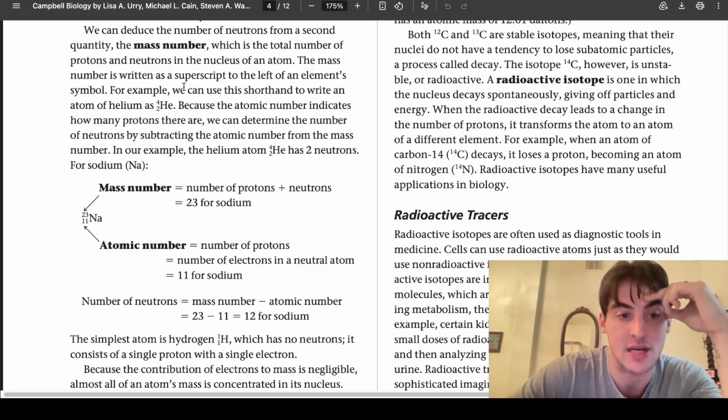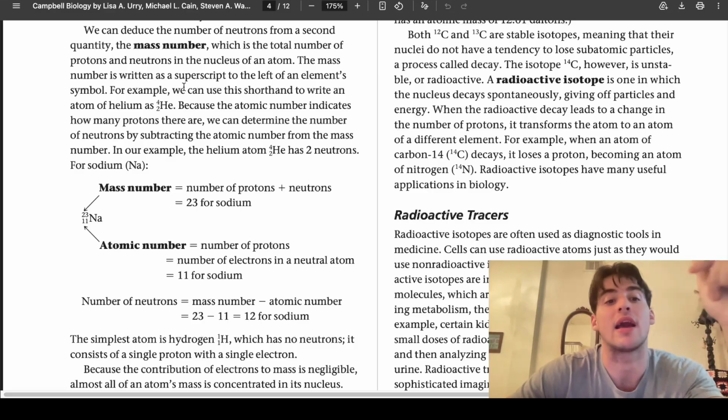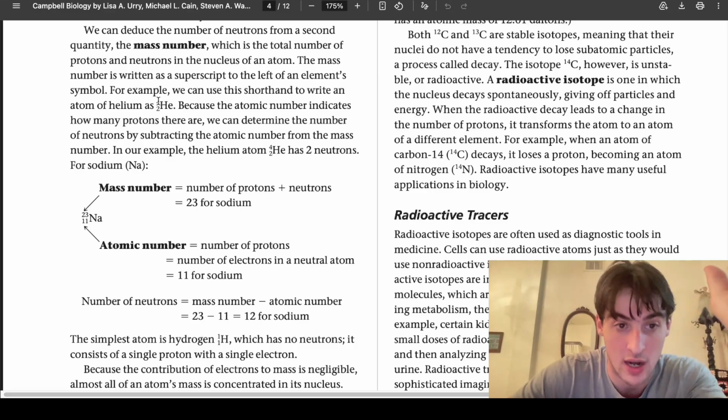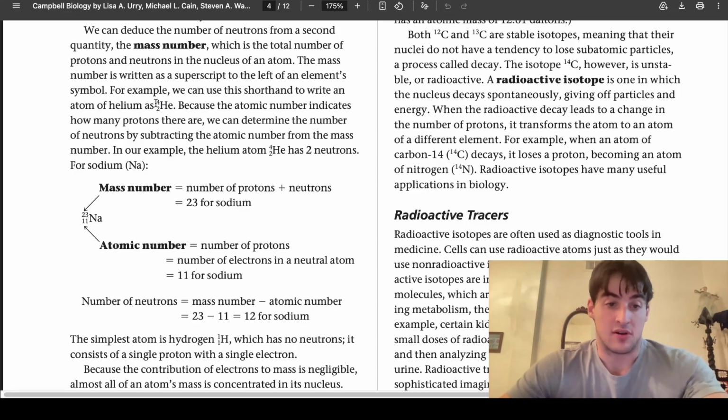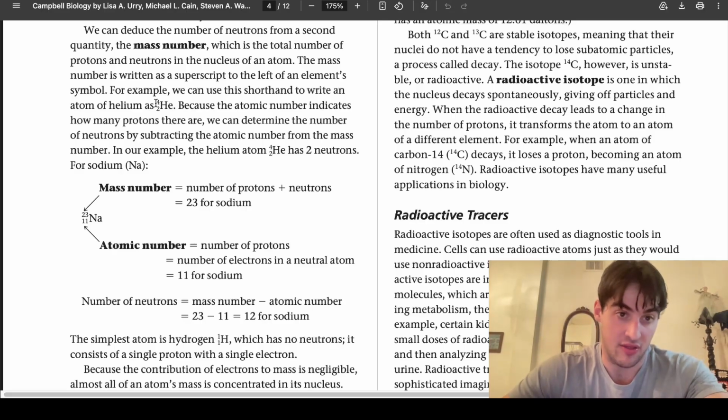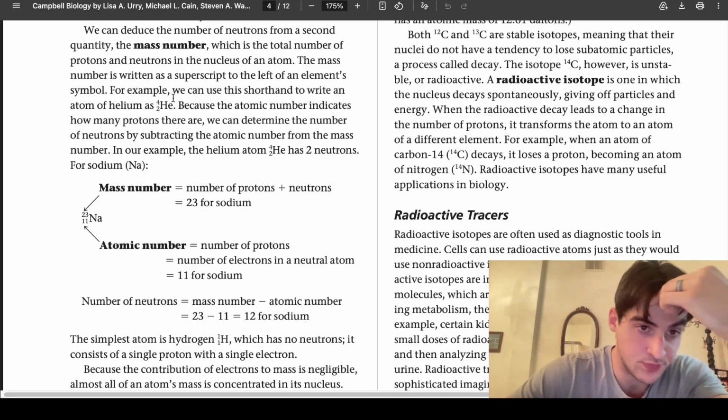Because the atomic number indicates how many protons there are, we can determine the number of neutrons by subtracting the atomic number from the mass number. Oh, wait. So that means there's 2 neutrons in helium. So I was wrong. 4 indicates the mass number. I'm guessing that's the number of Daltons in the element.